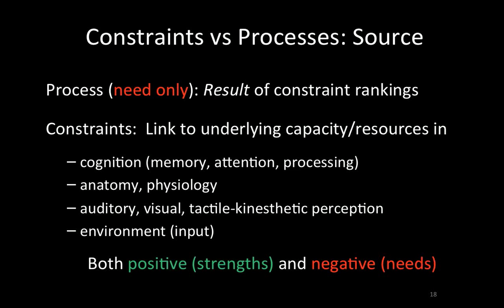Constraints, however, link to the underlying capacity and resources of the person in terms of their cognition, their ability to remember, to attend, to process, their anatomy and physiology, whether their tongue and their larynx and everything is ready for that kind of speech sound or structure, their perception, auditorily, visually, tactile, kinesthetically, and their input from the environment. Have they actually heard these words sufficiently? So constraints talks about the strengths that the person has, the positive and the negative, the needs, puts them both together.